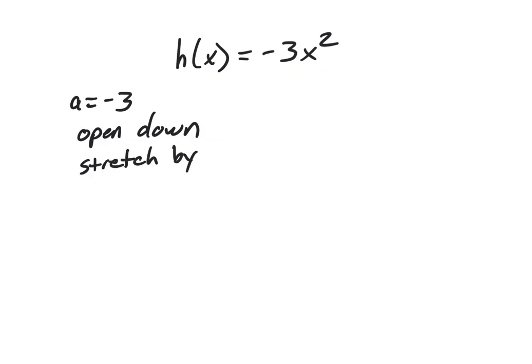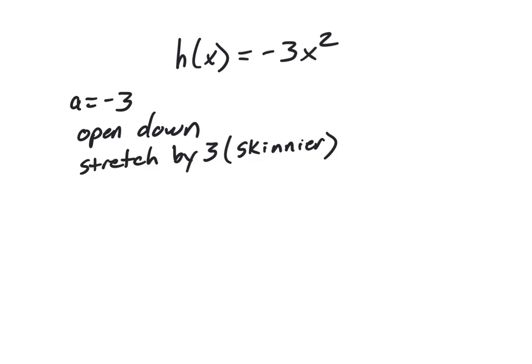And it's going to stretch by a factor of 3. Sometimes I might use the word skinnier because in our mind visually that makes a little bit more sense. The book's not going to use the word skinnier or wider, but I like to use the word skinnier and wider because I think visually it helps us to understand it a little bit better. But it's going to stretch the graph.